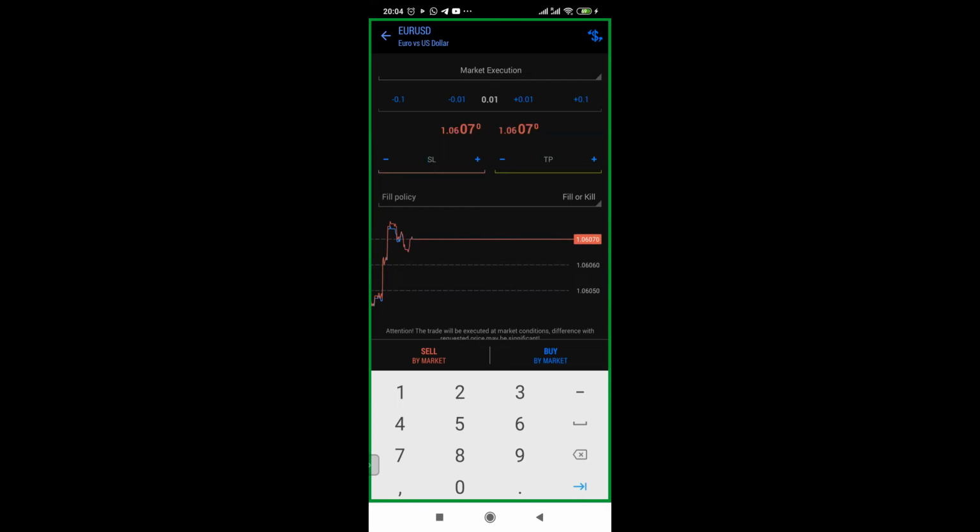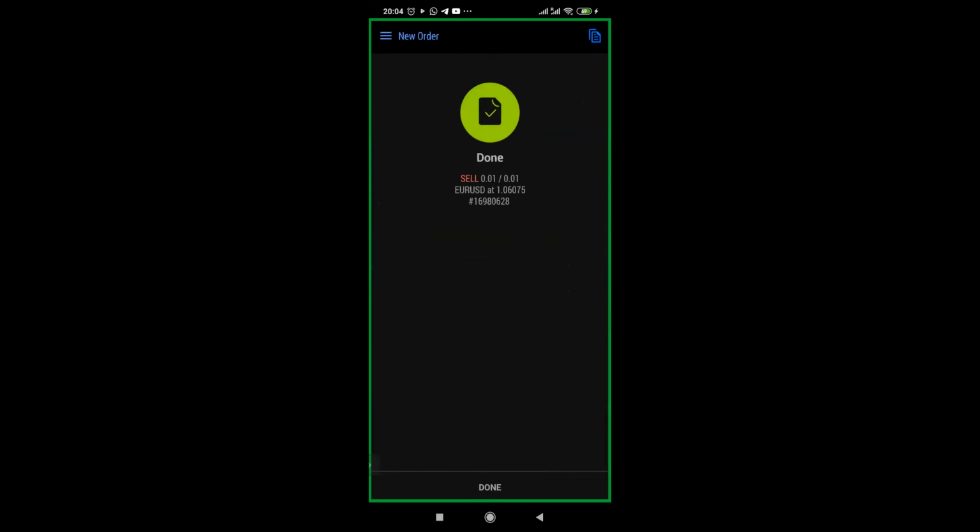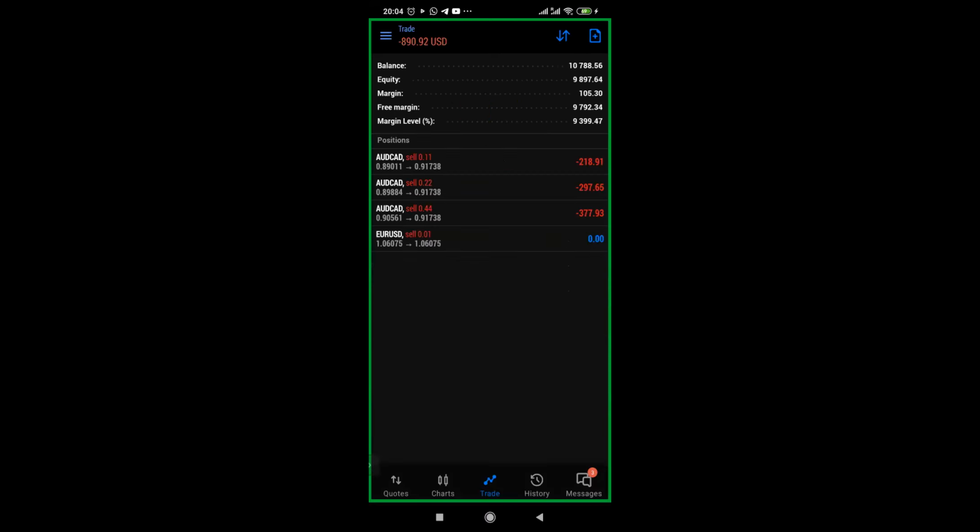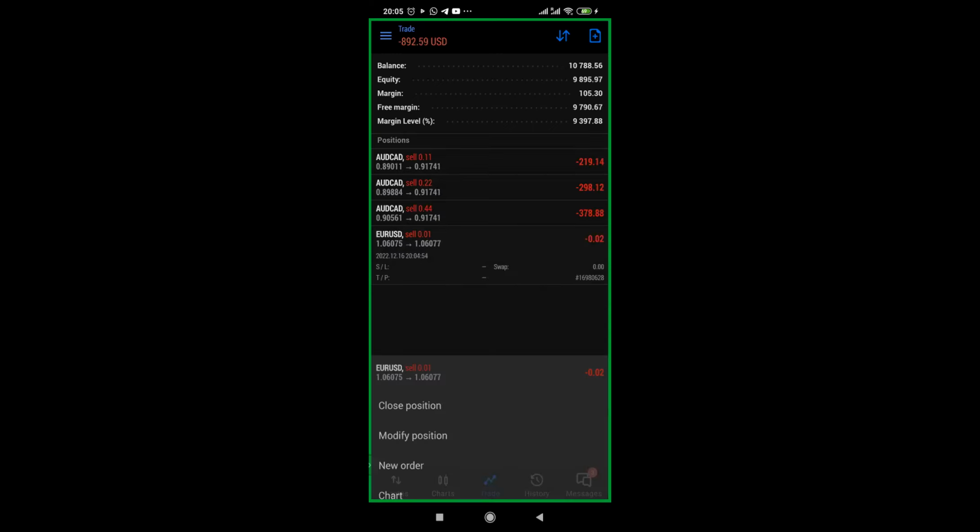Let's say you are entering the trade before putting your stop loss and TP. So I'm entering for a sell right here. You can see the trade is already running. What you can do now is put your stop loss and take profit: hold on the trade for 1 second and then click on modify position.